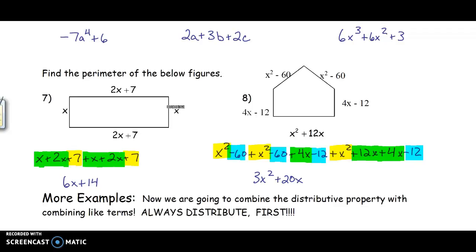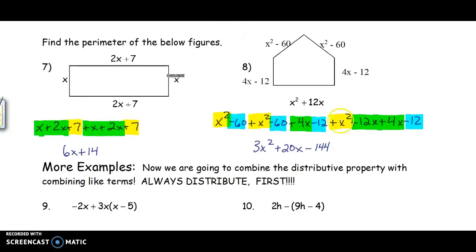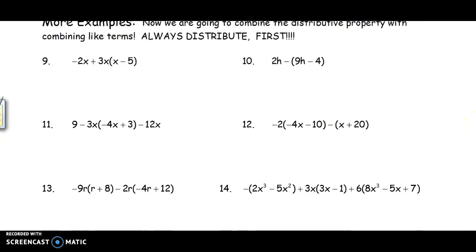Negative 60 and negative 60 is negative 120, negative 132, and negative 144. I know the highlighting method here is a little bit easier than trying to draw a lot of shapes, but whatever method works best for you, please do it.